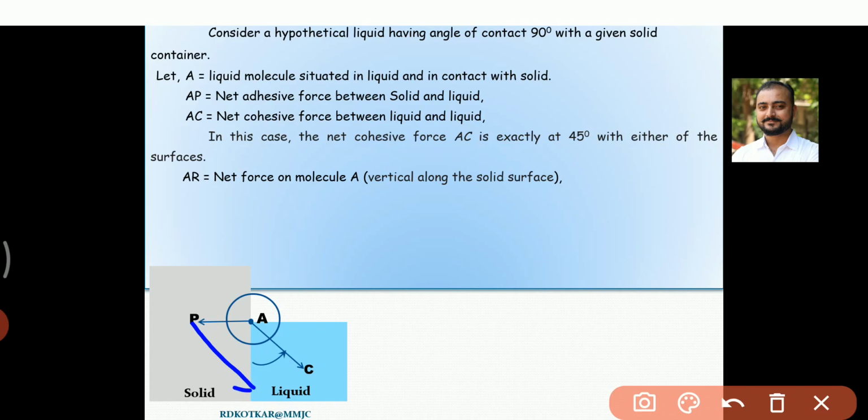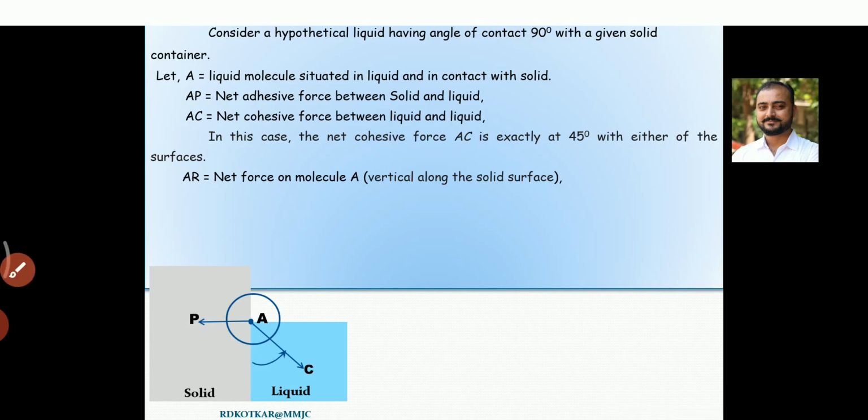Okay, somewhat it is parallel, and again draw parallel to the AP like this. Okay, so AP is parallel to this line drawn, and now this line should be parallel to AC. So the resultant of this should be along this line. Okay, as you observe, this is the resultant direction.